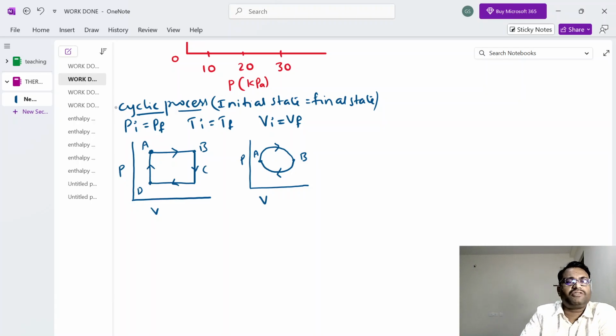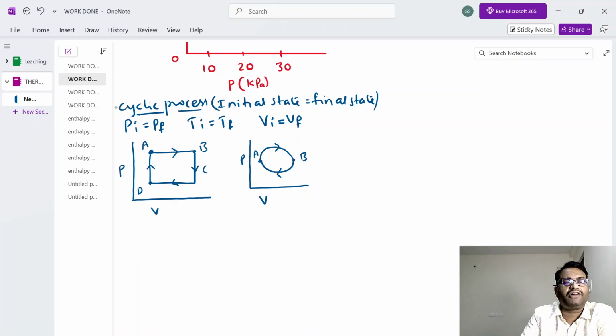In the cyclic process, what is the work done? We have studied that work done is a path function. It depends upon the path. It does not depend upon the state of the system. As the system is following different paths, the work done will not be equal to 0.